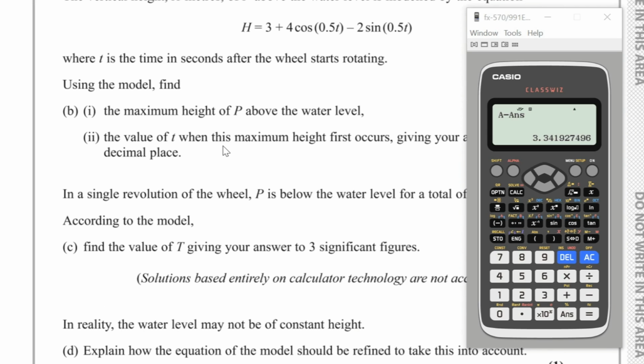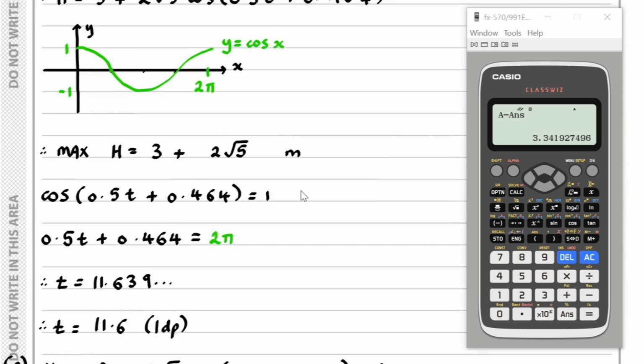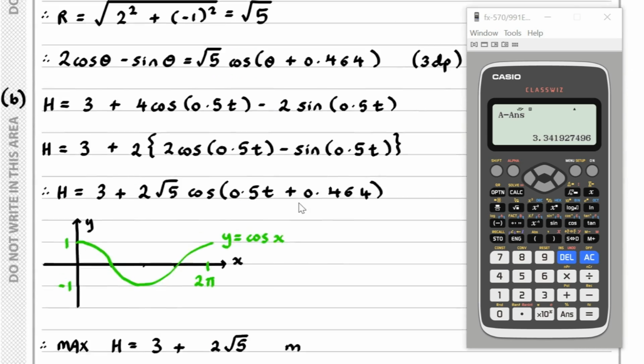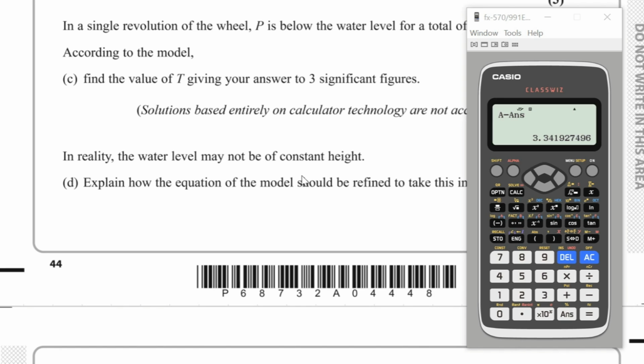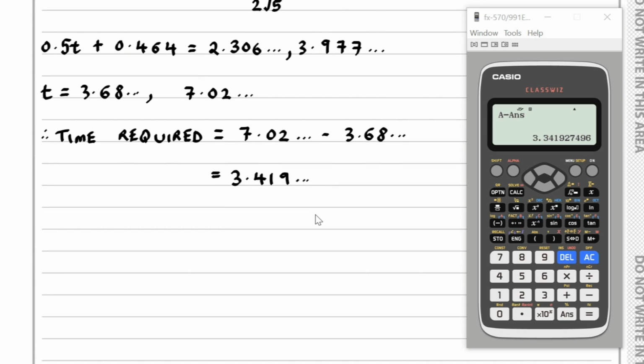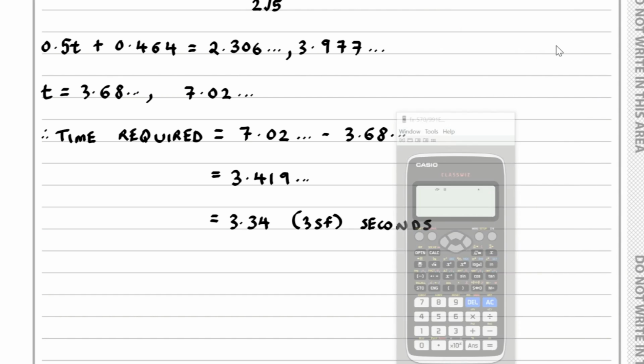Well, the units are in seconds, and we need to give the time to 3 significant figures. So we've got 3.34 given to 3 significant figures. And the units, of course, we've got seconds.